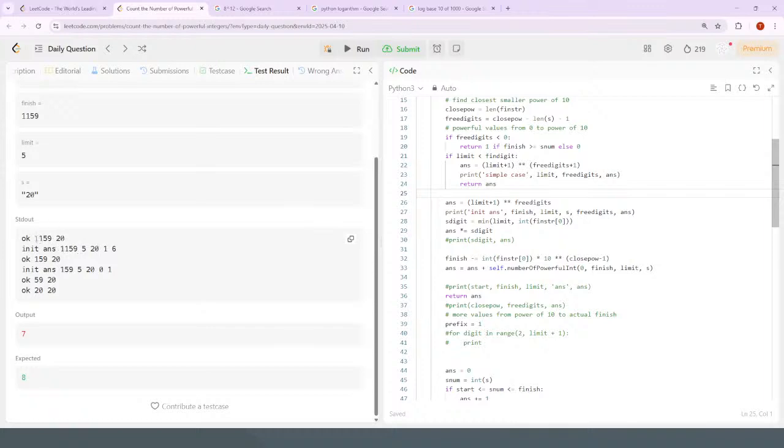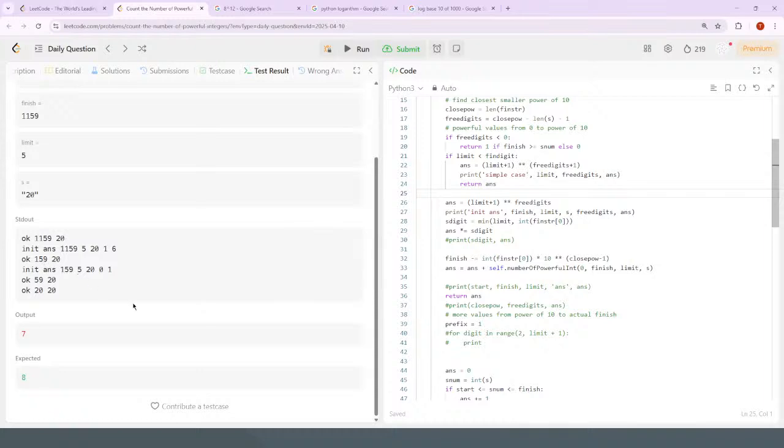And now if you have 1 in your first spot, then it's how many numbers ending in 20 that are less than or equal to 159. So in that situation, you have no free digits. You have 0 free digits.